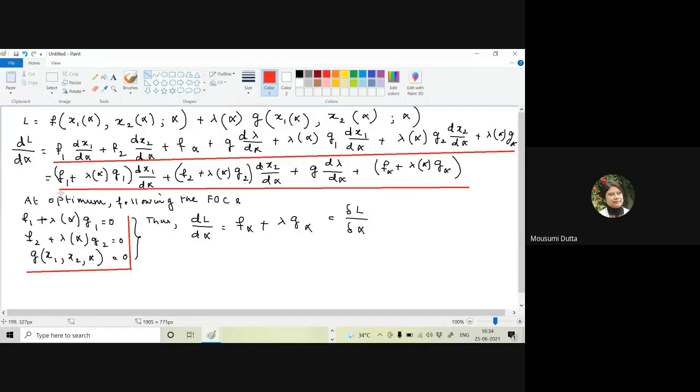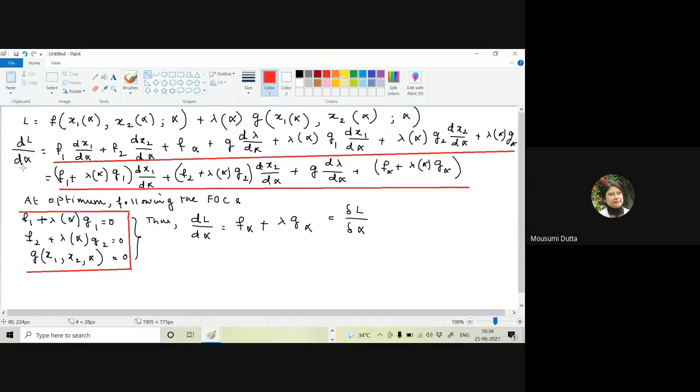Okay, so what we will do, we will put this set of equations in this last derived equation. So f1 plus lambda g1 is equal to 0, so this first entire term will be equal to 0. Then f2 plus lambda g2 is equal to 0, so the second entire term will vanish. g is equal to 0, so the third term will also vanish.